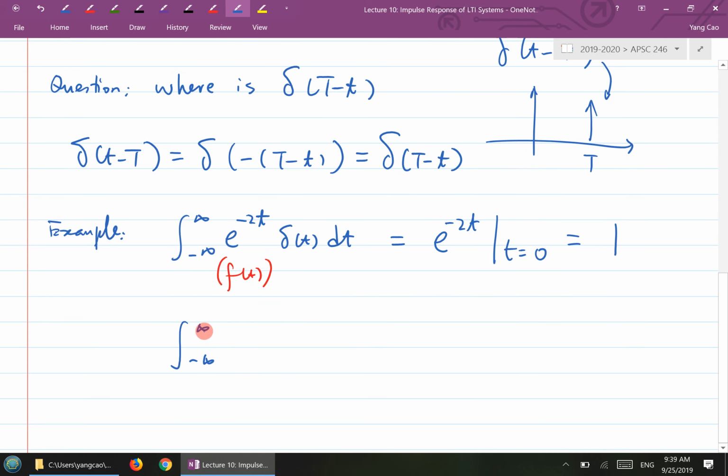Let's take a look at a slightly different one here. Let's see if you have cosine pi t over 4 times a shifted impulse function, delta t minus 2.